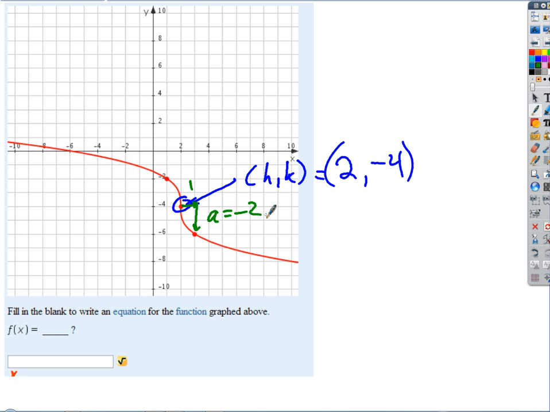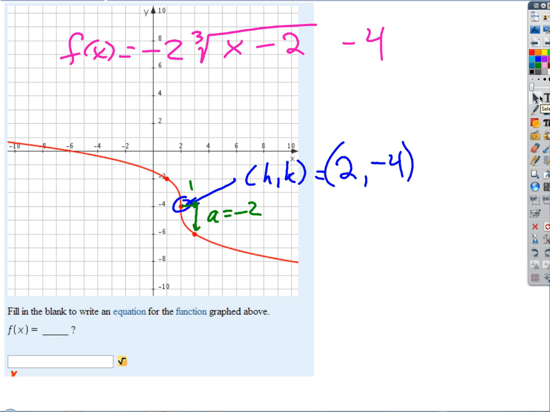So what do we get then? f of x equals -2 times the cube root of x minus 2, minus 4. Done. That's it. Okay, no big deal.